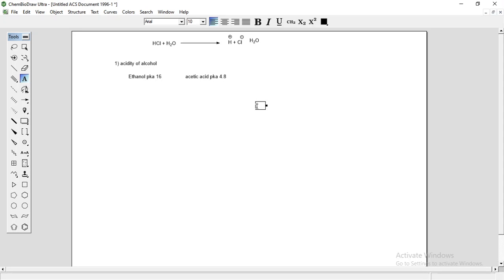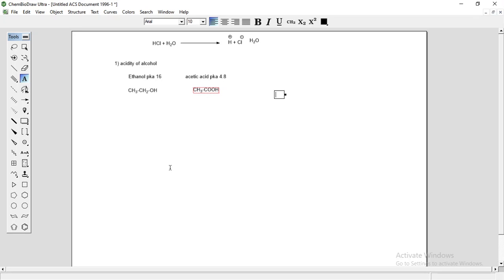The molecule with lesser pKa is the stronger acid. Among these two, the structure of ethanol is CH3CH2OH, and acetic acid is CH3COOH.